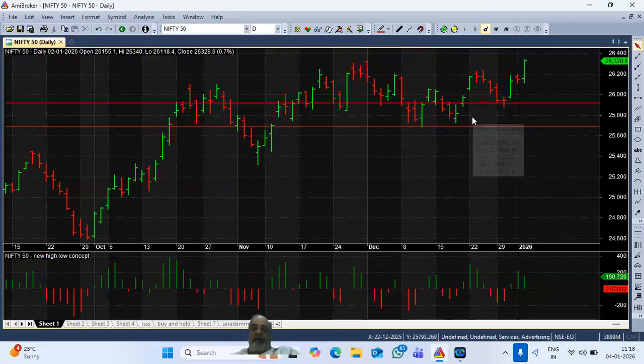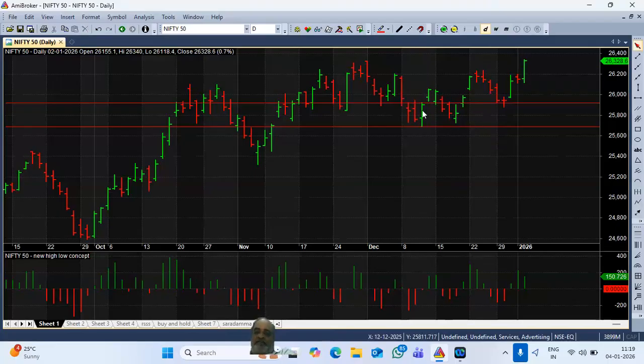On the next day, as you can see, the bar opened near the low, but did not go beyond this level, and it recovered smartly. The price closed very near to the previous day close, well above the open, which indicated some bullishness.